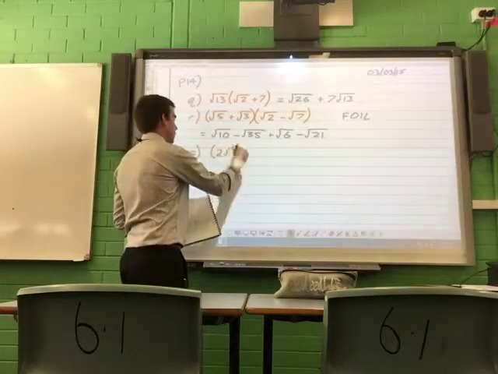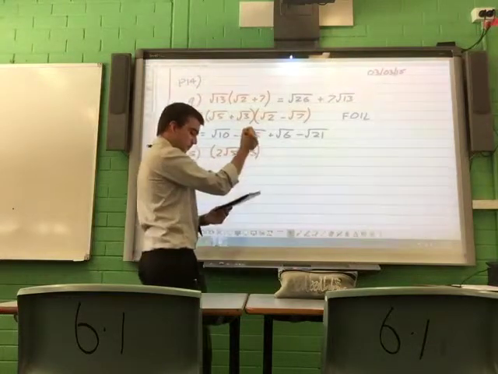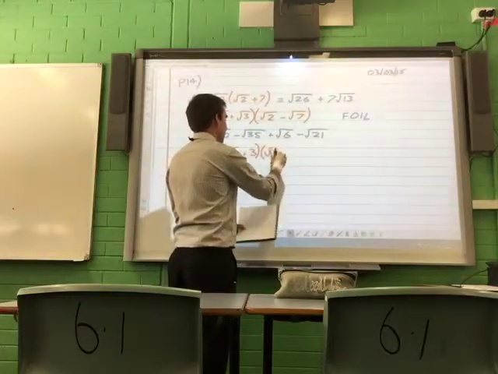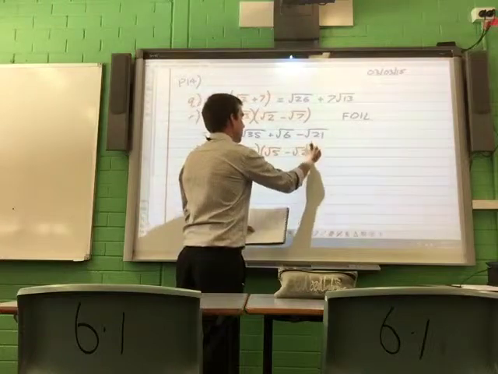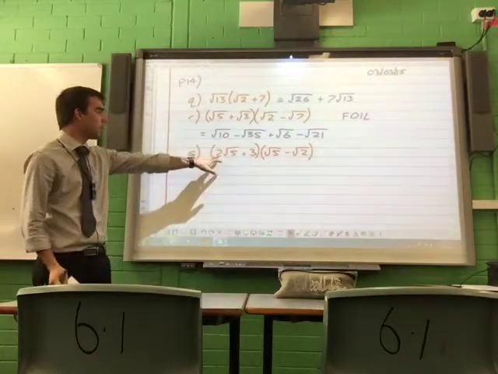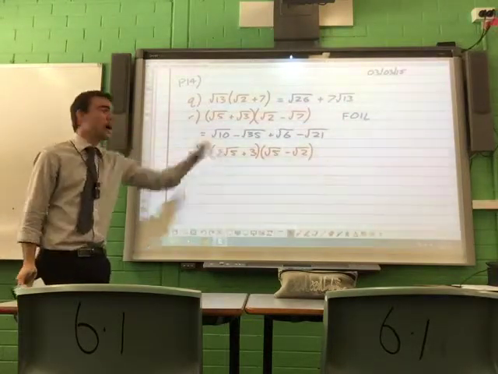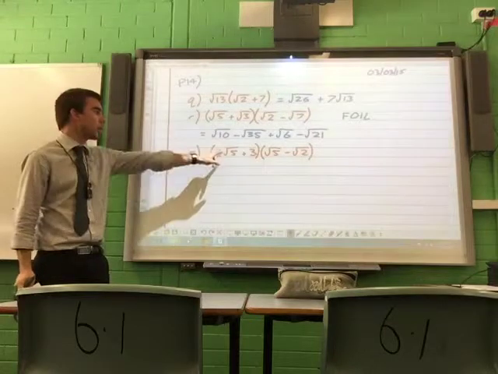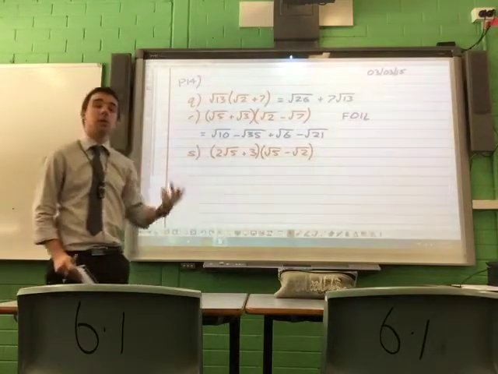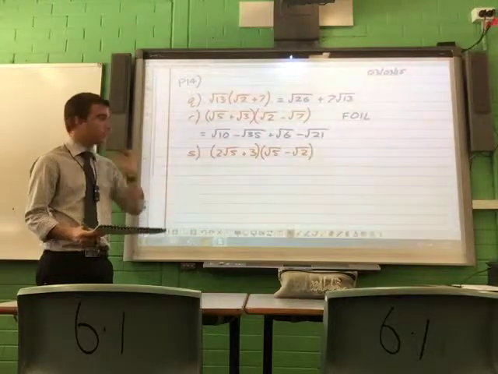Right, 2 root 5 plus 3, times root 5 take away root 2. Same sort of thing. The only difference now is we have the number at the front of the surd, so we're going to treat it like your 2x. We also know it's got root 5, so we use our surd law there, and we'll get through each term.